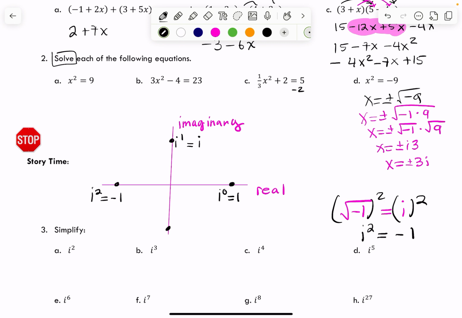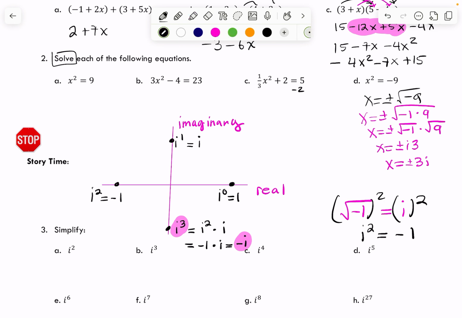Then we get here and we have i cubed. So what is i cubed? Well, we can write i cubed as i squared times i. We know that i squared is negative 1, so negative 1 times i is just negative i. So i cubed equals negative i.